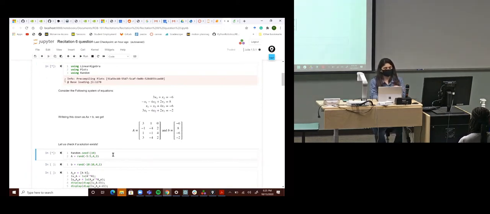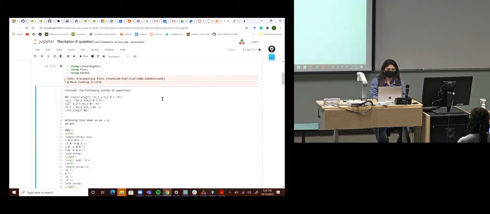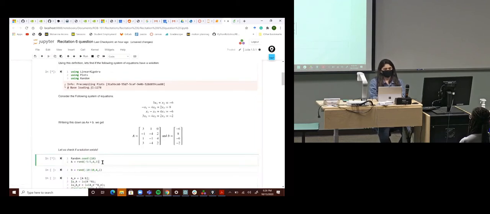But if I remove the seed, it's going to be random every time. But I want to fix it so that it's reproducible. So what I do is I run the random, I make my A and B matrices, I copy them as homework problems, and then we use that. I don't want to write these down, so I will just copy them all the way.